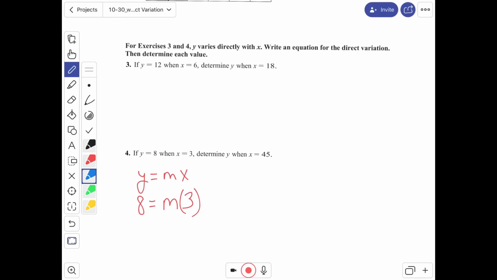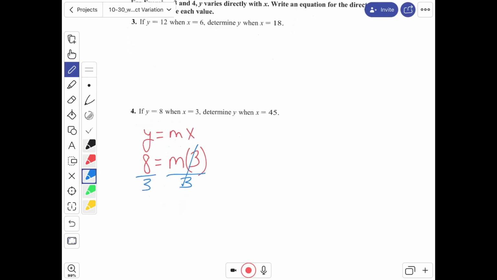We want to get the m alone to figure out what m is. So I divide by 3 on both sides. And I can leave that like a fraction. 8/3 equals m.